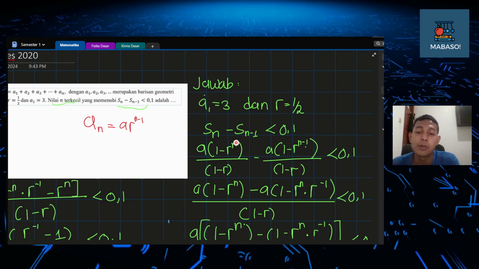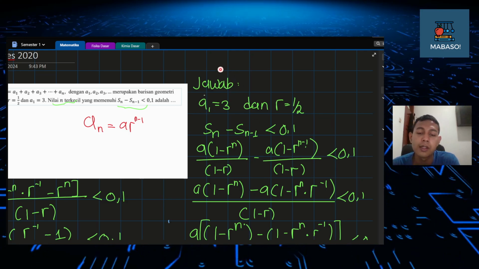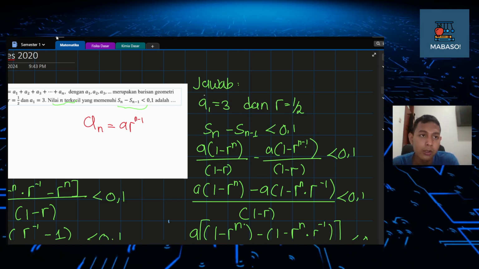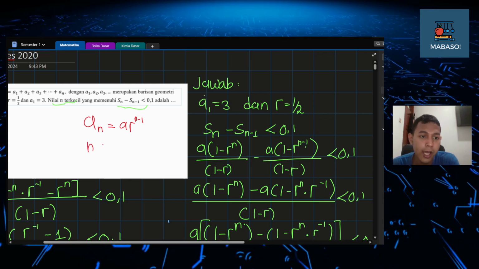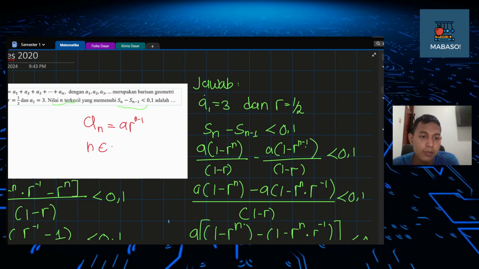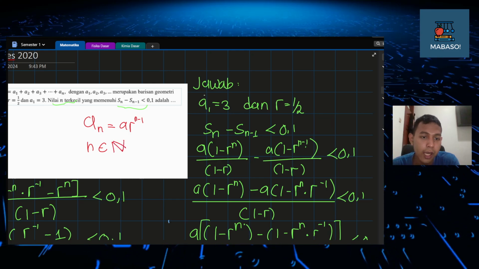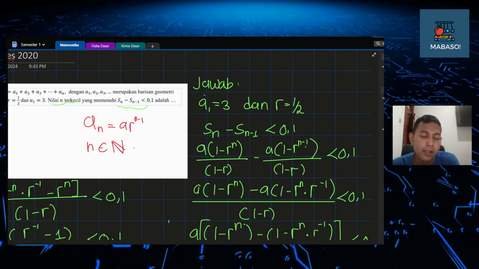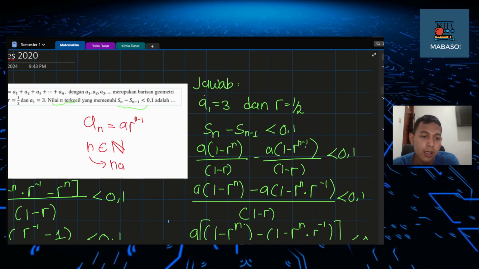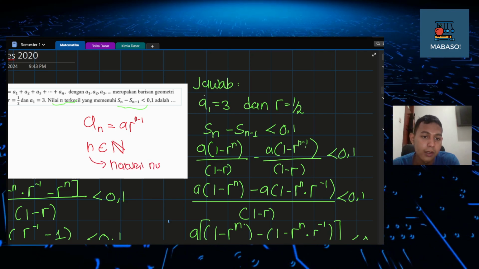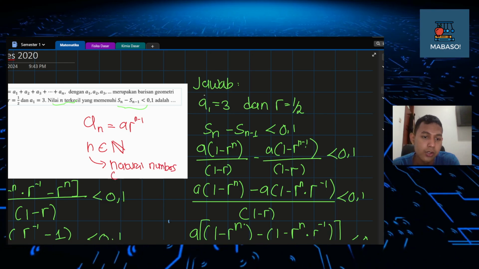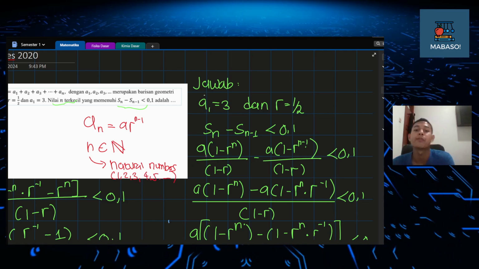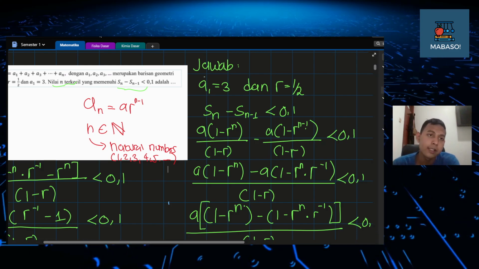The n shows the number of terms in the summation, and the n that we choose must be an element of the natural numbers, which is 1, 2, 3, 4, 5, and so on.